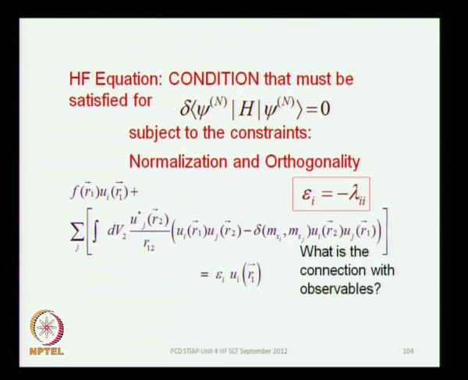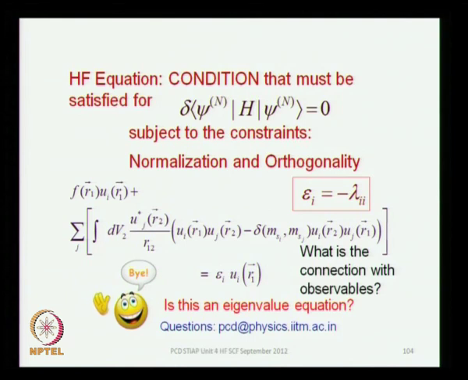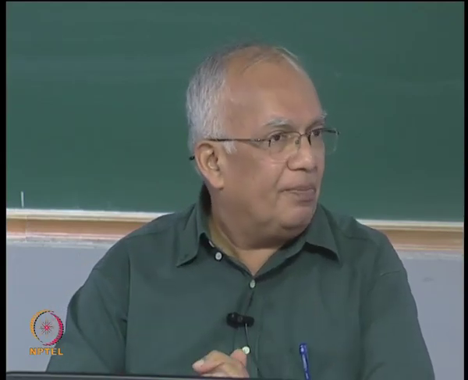The other question I will take up in the next class is, if this is really an eigenvalue equation, it just looks like it, is it really an eigenvalue equation? So we will take up these questions in the next class, and of course we have to discuss many other aspects of the Hartree-Fock formalism, about whether it is an extremum, a minimum, a maximum, a saddle point.